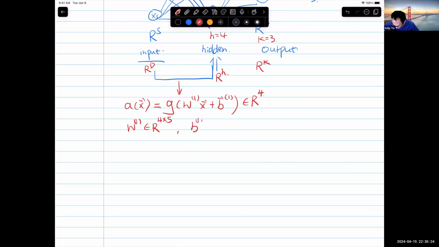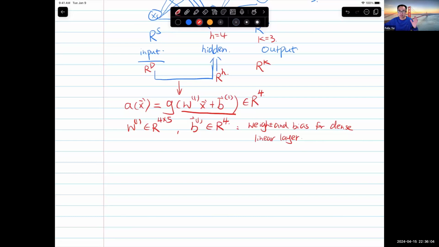And B1 is in R^4. So this is the weight matrix and the bias vector for this dense linear layer.